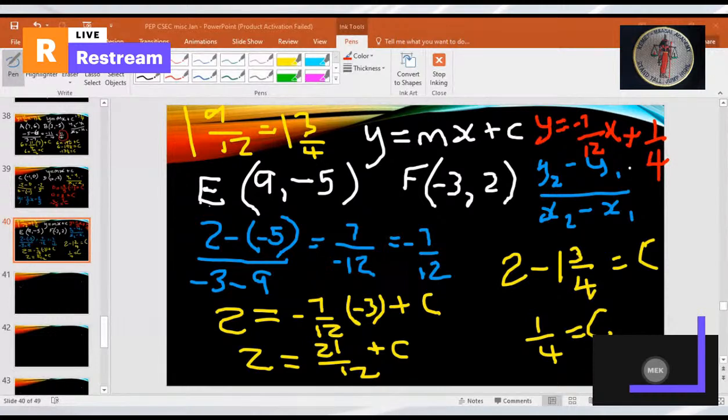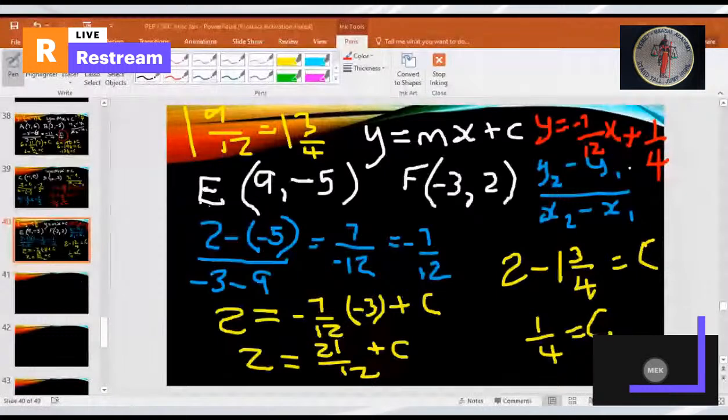For point F, (-3, 2), -3 is your second x value, and 2 is your second y value. So that's 2 minus negative 5, and we're going to divide that by the second x value minus the first x value. So that's negative 3 minus 9.